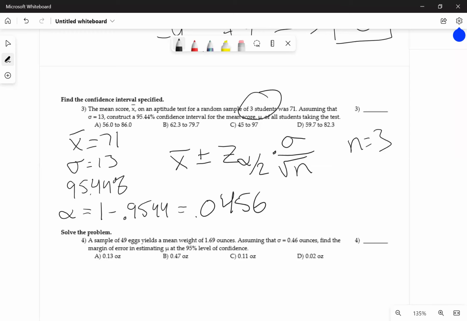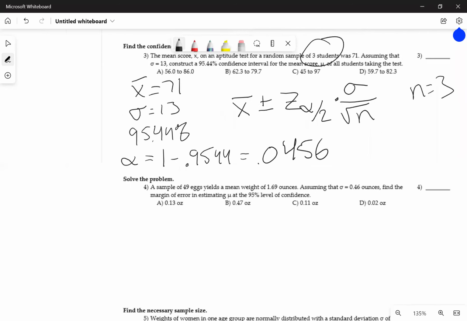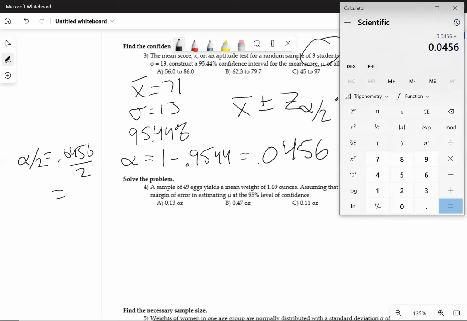That's alpha. But when I'm looking at my chart, I need to find alpha over 2. So alpha over 2 is 0.0456 divided by 2. So I'm going to divide this by 2, and that gives me 0.0228.